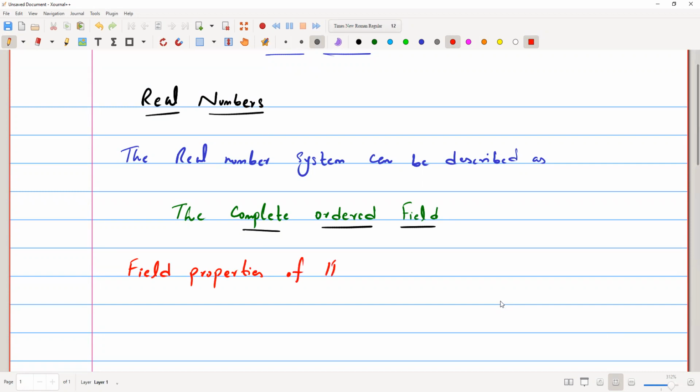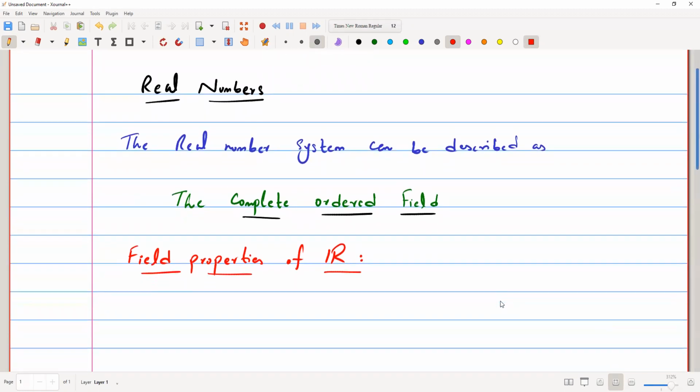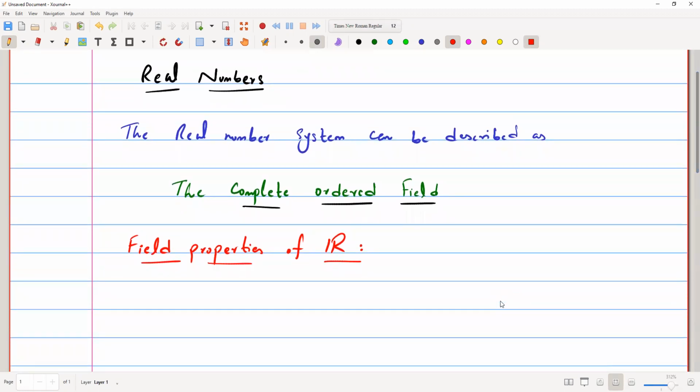We will denote the real numbers by R, and every time we talk about real numbers, we will write R. Okay, so the field property says that R is an abelian group, and we will also state these abelian groups and their properties.